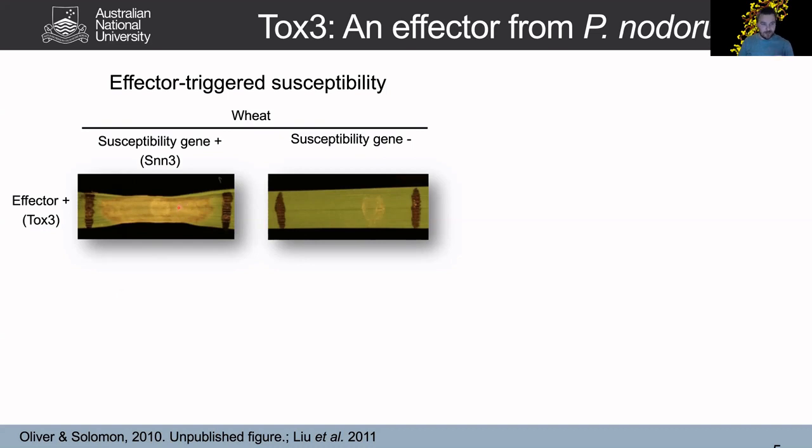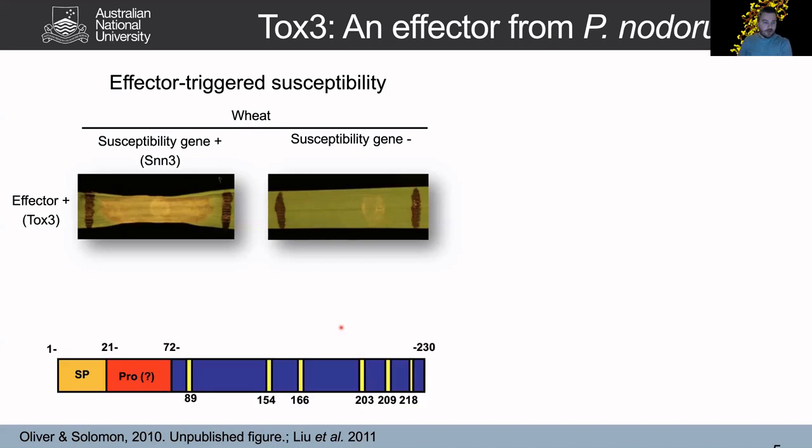And this cell death is really important for this necrotrophic pathogen, because it's a strategy of the pathogen to cause necrosis. In the absence of SNN3, you don't get any necrosis, and of course in the absence of the effector you don't get necrosis. But what's also really interesting is this phenotype here is from the protein alone. So it's causing this cell death response that is completely dependent on the presence of this susceptibility gene.